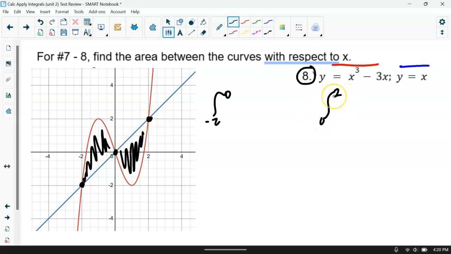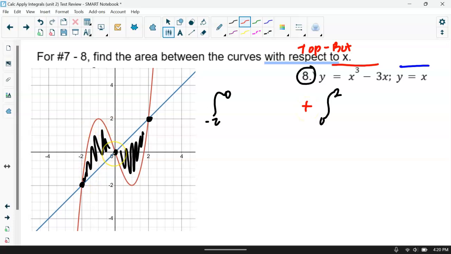Notice we have to create two separate integrals because our x cubed function is the top, right? So remember, when it's with respect to x, top minus the bottom. But then notice from 0 to 2, when we have to find the area of this section, it was then below. So because of the switch, that's why we need two separate integrals that we are going to add together.